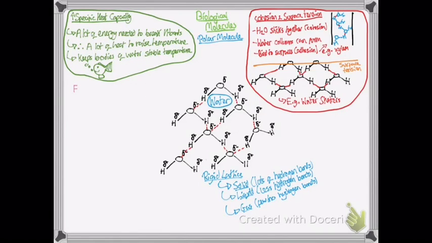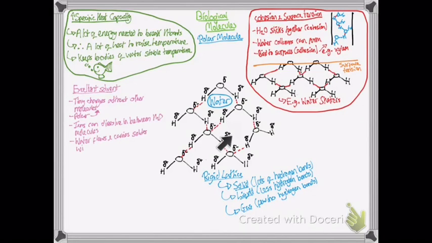Now let's look at its solvent properties. So water is an excellent solvent. The tiny charges on its molecules attract other molecules or ions that have charges on them to spread around in between the water molecules, and we call that dissolving. Okay, so on this diagram here, if you have a look over here, if we dotted in some circles in between.